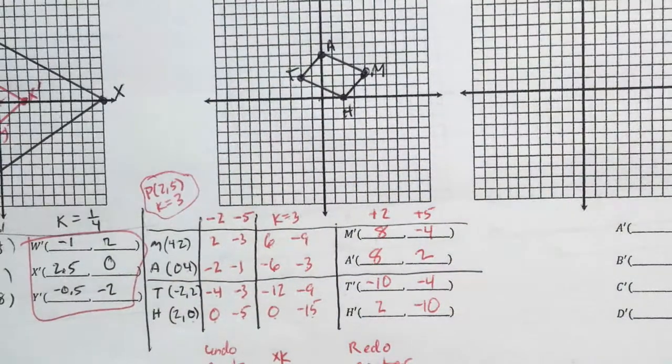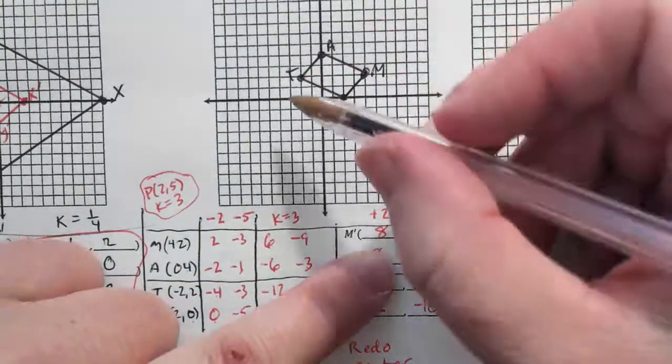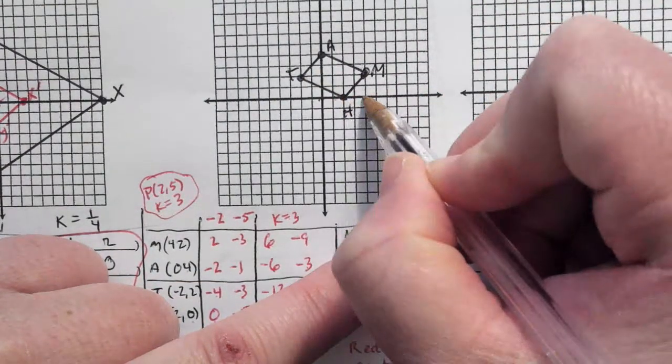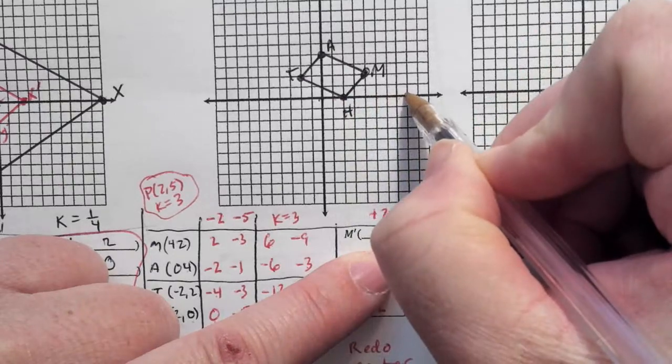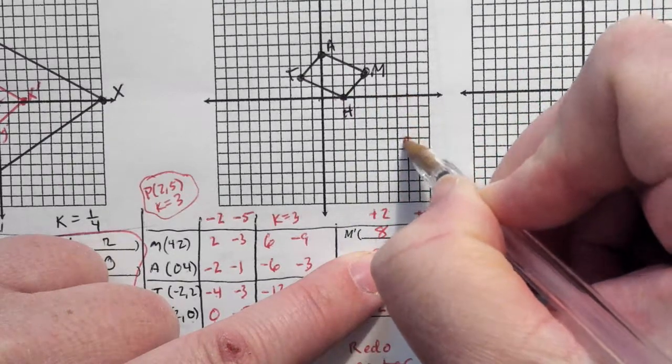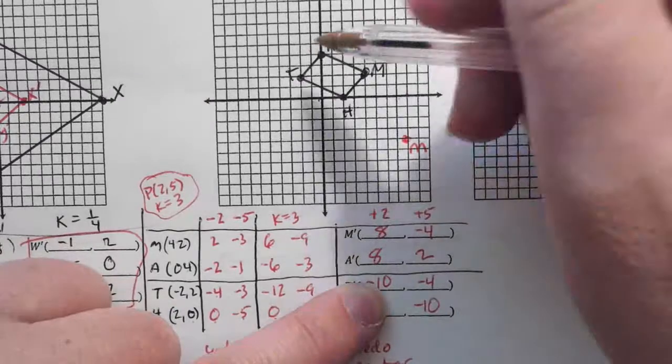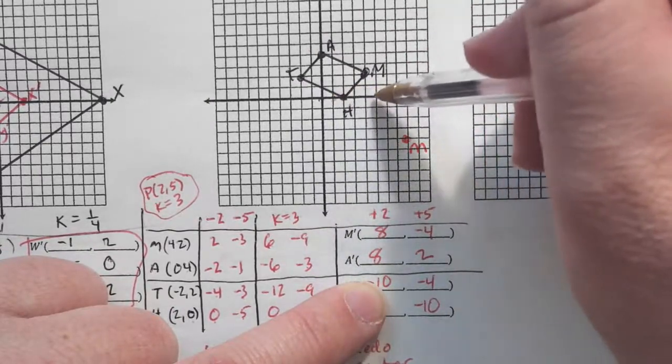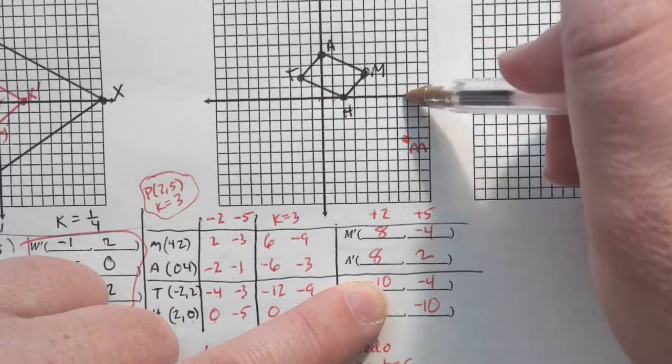Okay, now where was our final answer? Our final answer was positive 8. 1, 2, 3, 4, 5, 6, 7, 8. Negative 4. 1, 2, 3, 4. That's your M. 1, 2, 3, 4, 5, 6, 7, 8. Positive 2.